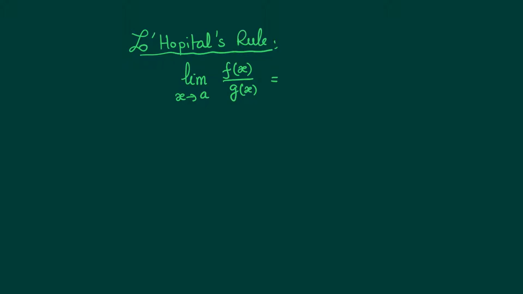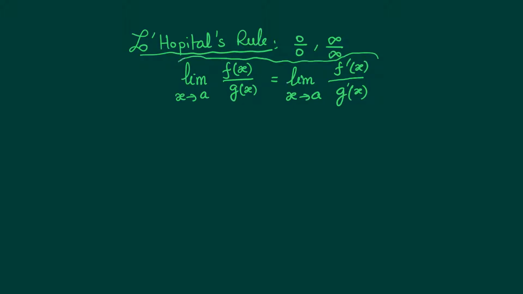And suppose that when you substitute x with a, you get 0 over 0 or infinity over infinity. Then what this rule says is that the limit will be equal to the limit of f dash over g dash, where dash is the derivative of the function.